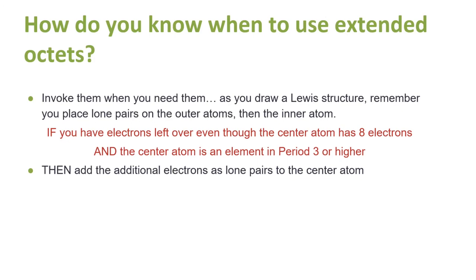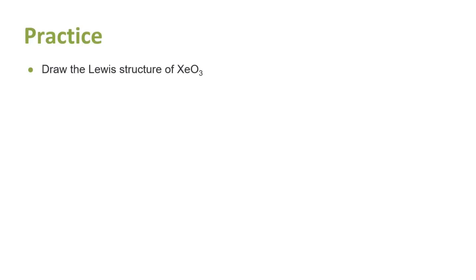So that's one way. Additionally, sometimes we just try to observe structures where we have a good Lewis structure, but we might see if we could make a resonance structure, which we haven't talked about yet, by moving more than 8 electrons, and see if that would be a preferred structure. We'll do some of that as well.